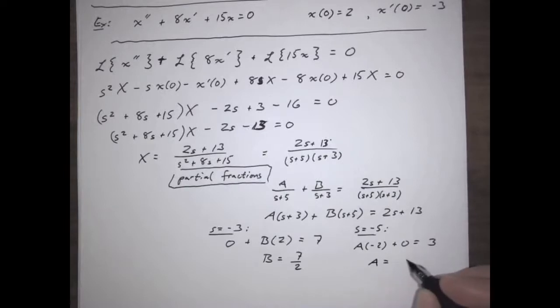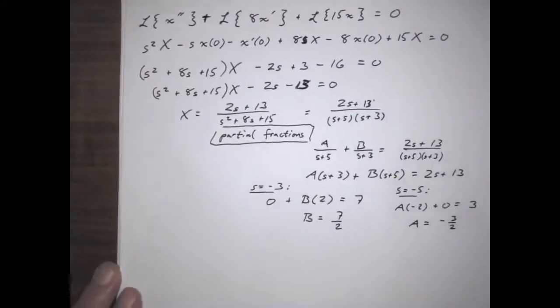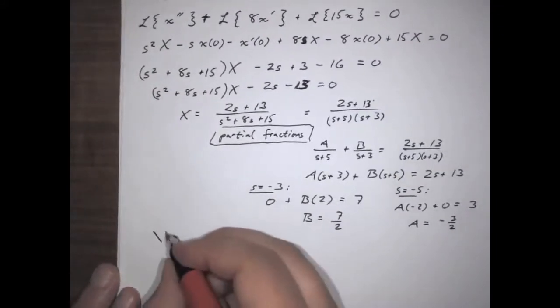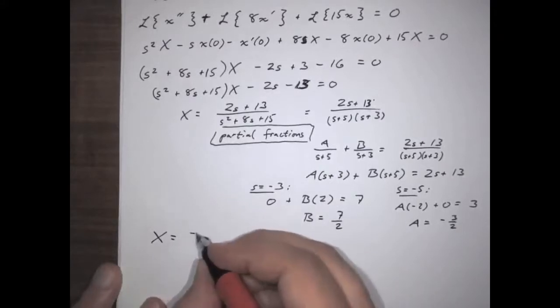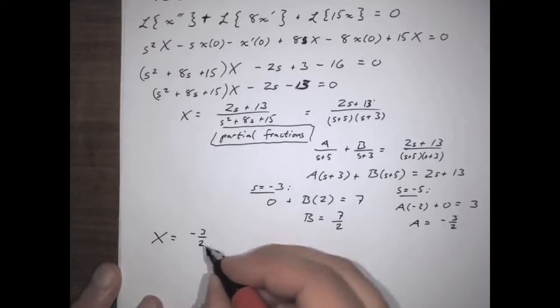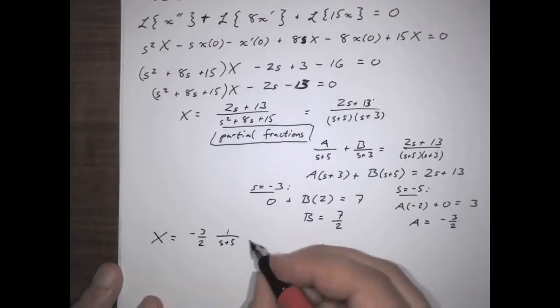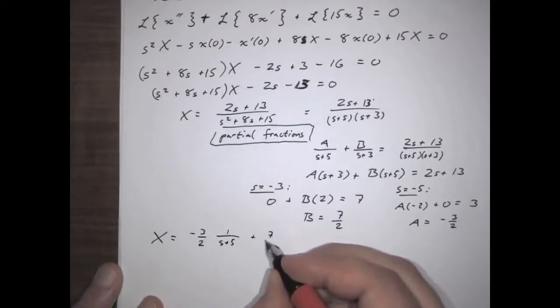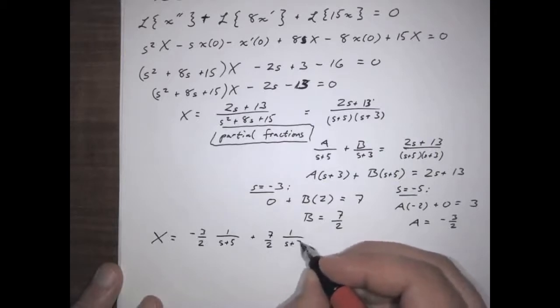So A is going to equal -3/2, which means then we are now able to conclude that capital X, the Laplace transform of x, is equal to -3/2 times 1 over s plus 5 plus 7 halves times 1 over s plus 3.